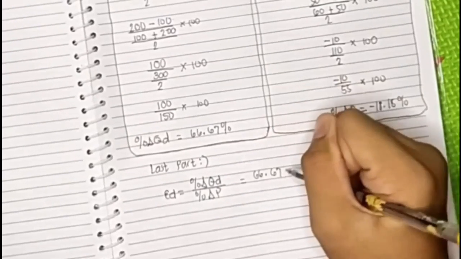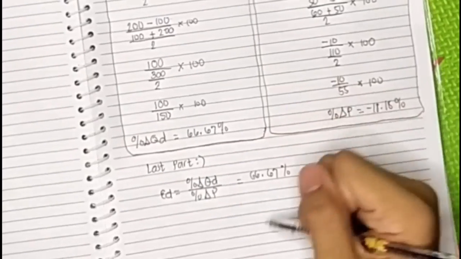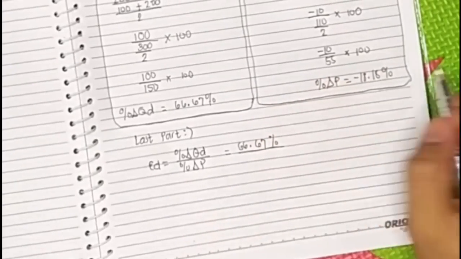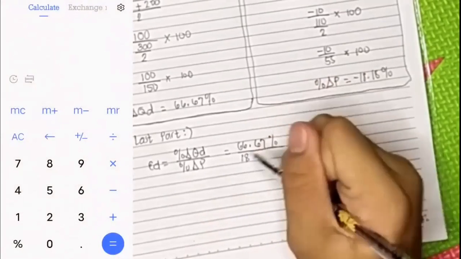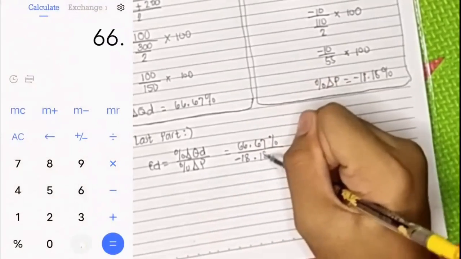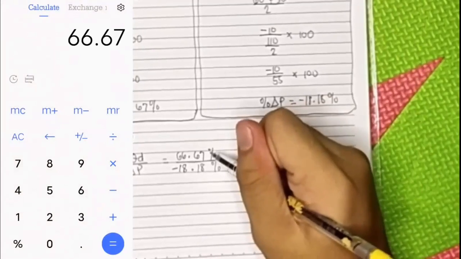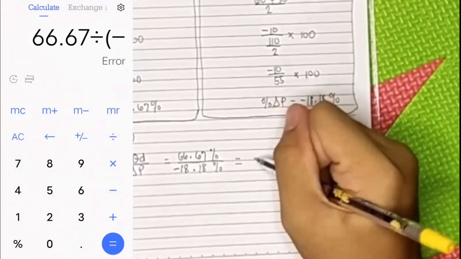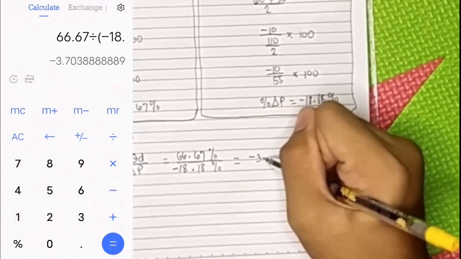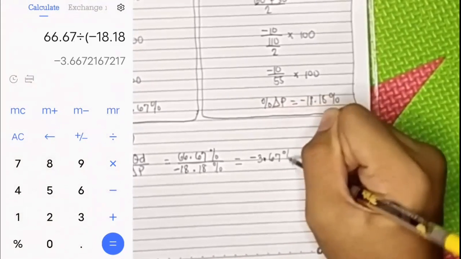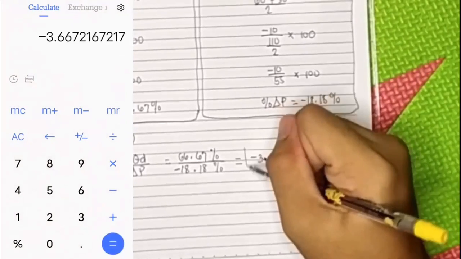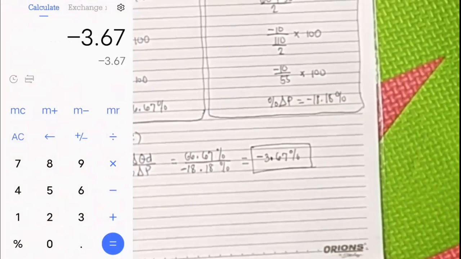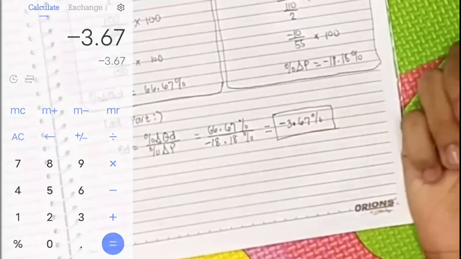So the value of the quantity demand is 66.67% and in price is negative 18.18%. So you have to divide it. So your answer will be negative 3.67%. So that's the answer of the price elasticity of supply.